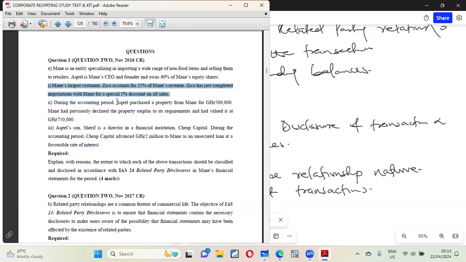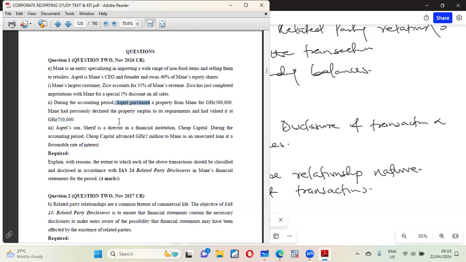It says that during the year, Aquil purchased a property from Money for 500,000. Money had previously declared it a surplus to its requirement and had valued it at 750. So you can see that the property is valued at 750, but he's buying it at 500, and that is Aquil.